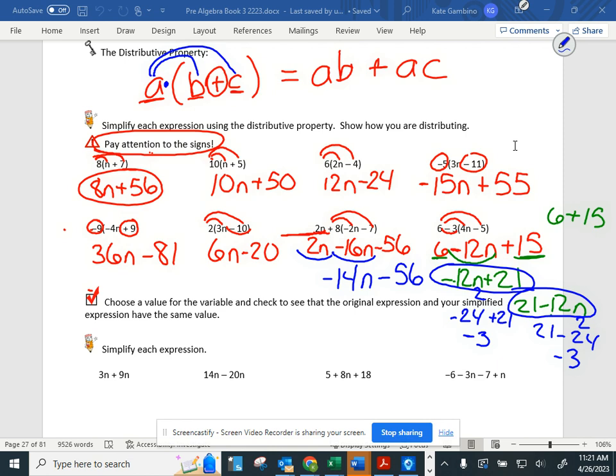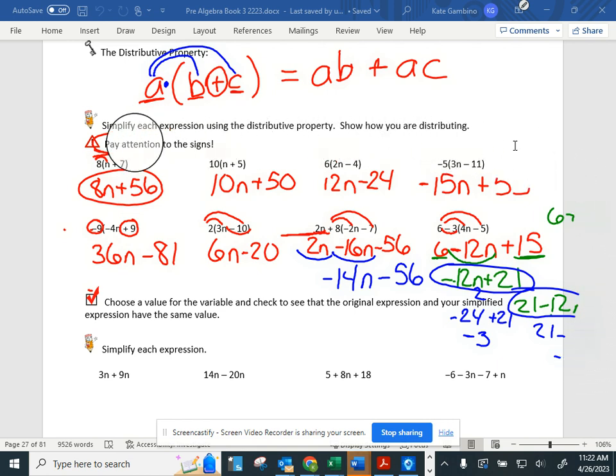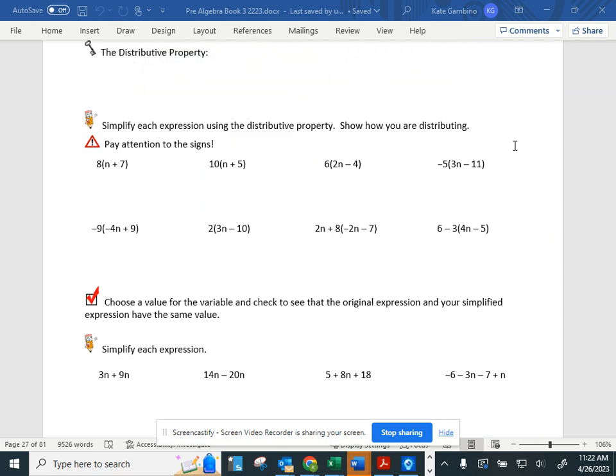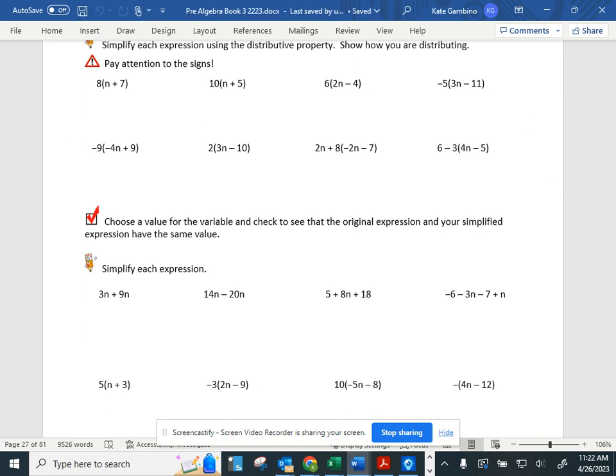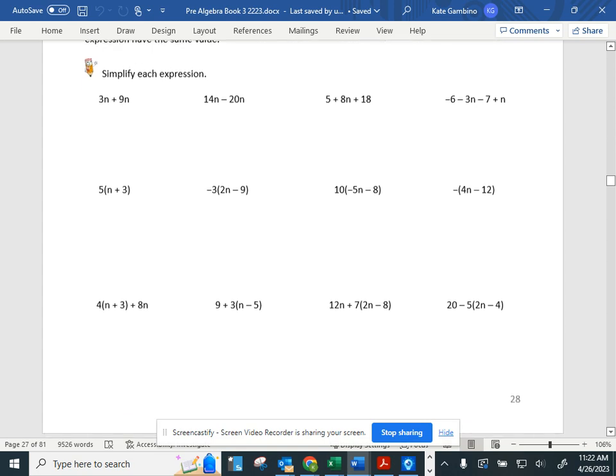Aiden, how do you simplify one of those? So that's what we did on the front page. When they don't have parentheses, we don't have to use that distributive property. We didn't use the distributive property yesterday on the front page, so we're just combining our like terms.